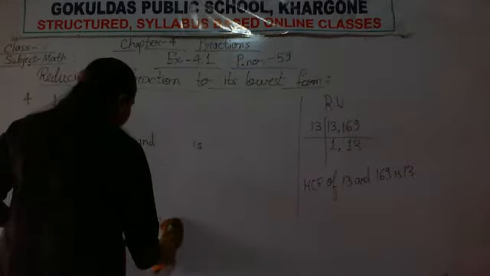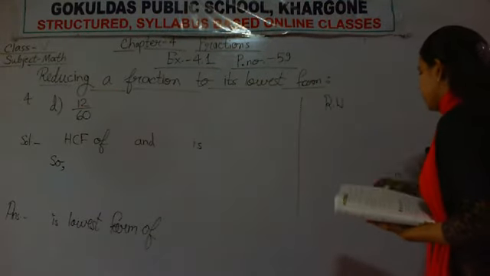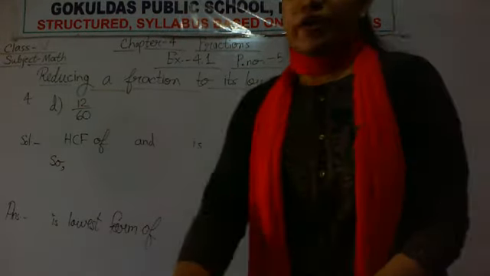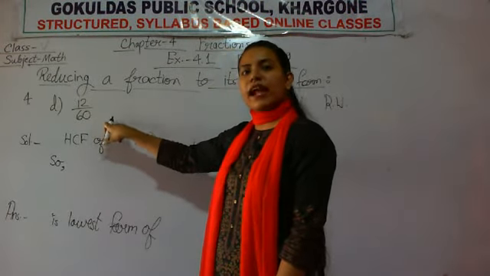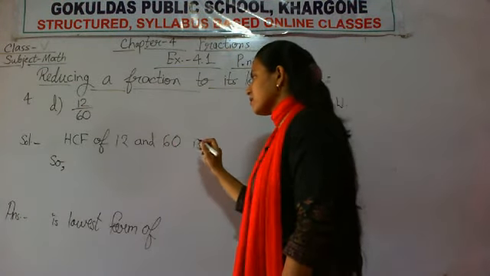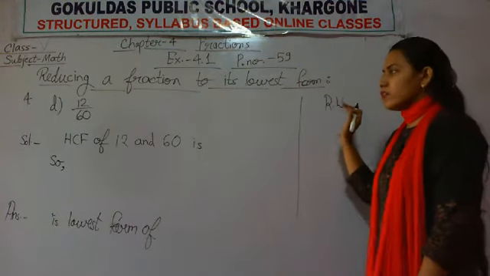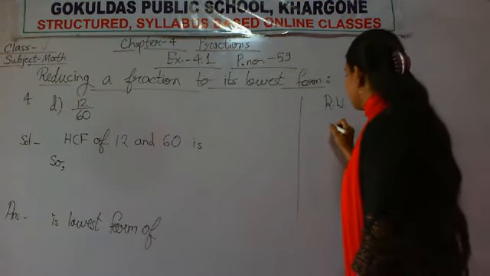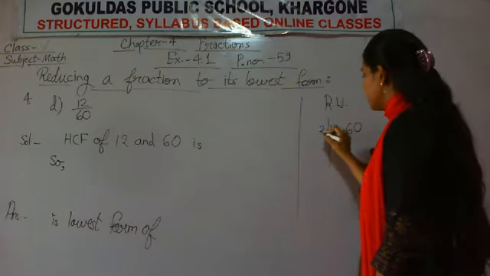So first of all, as I told you, the very first step to reduce to lowest form is to find the HCF of numerator and denominator. HCF of 12 and 60 we don't know right now, so in rough work first we will find the HCF. So 12 and 60 I am writing together.